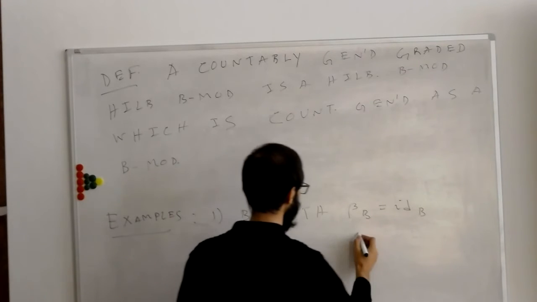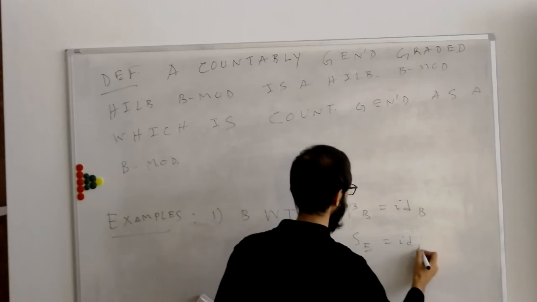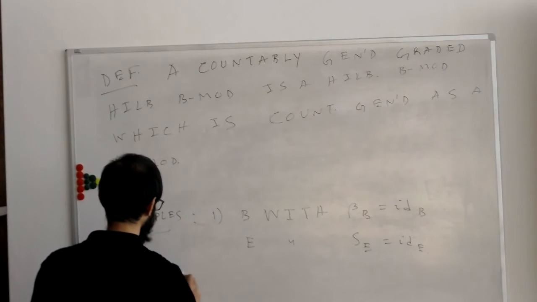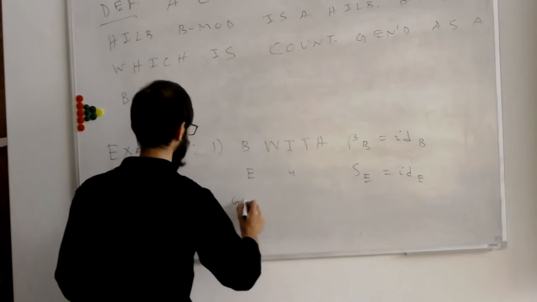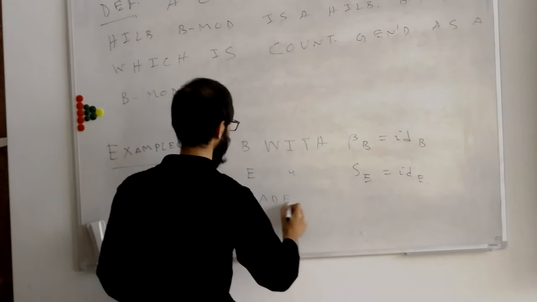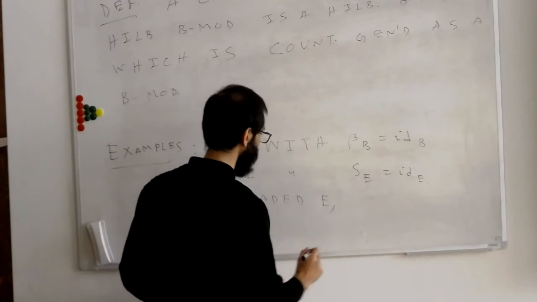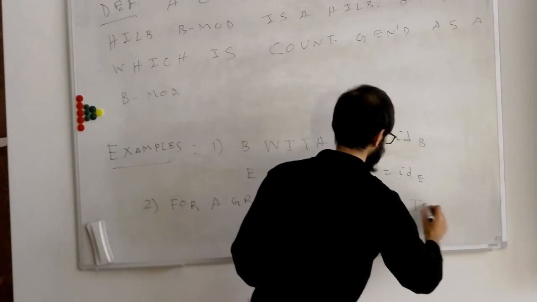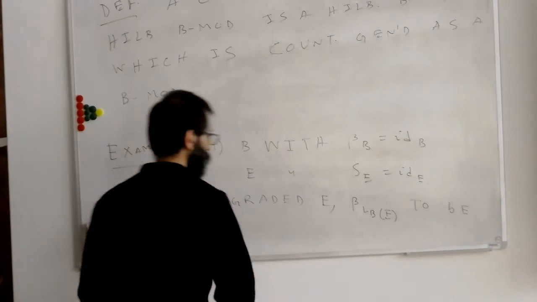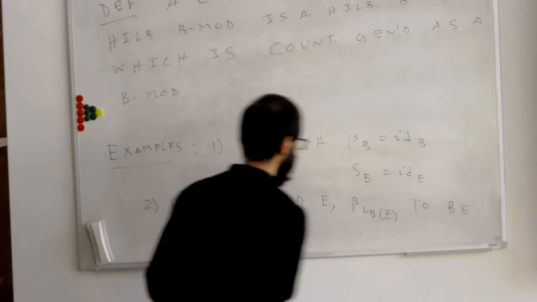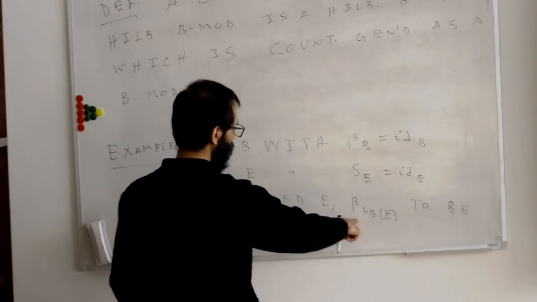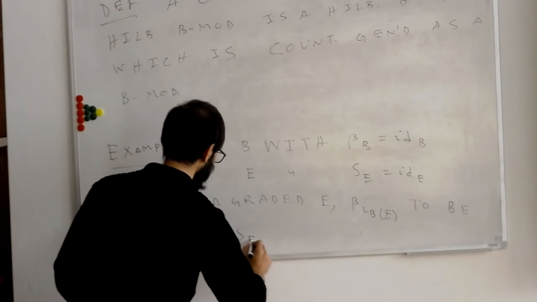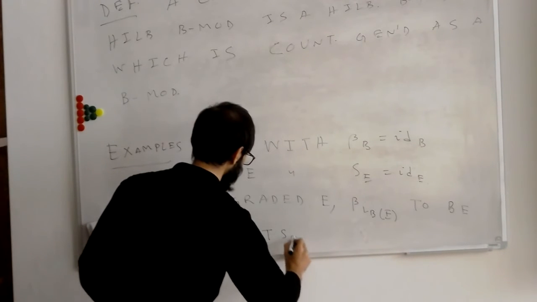Similarly, for E, the grading on the adjointable operators is defined to be T mapping to conjugation by the grading.